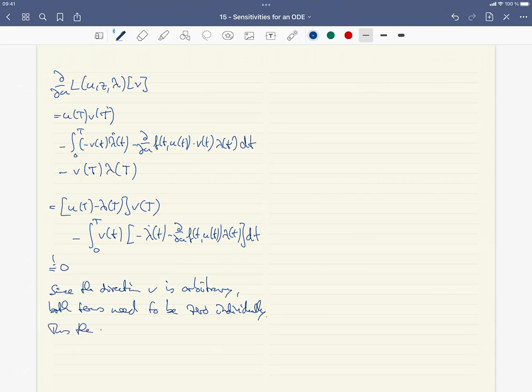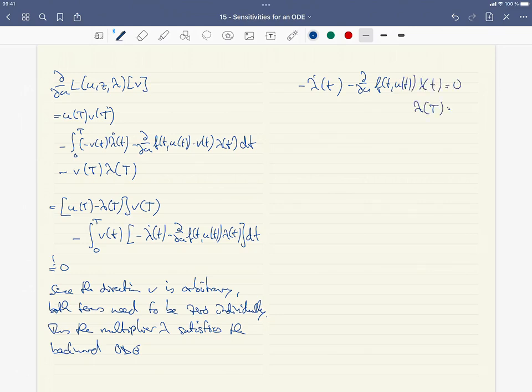So thus the multiplier lambda satisfies the following ordinary differential equation, and I'm writing down the term already, the backward ODE. And why is it called a backward ODE? Because it looks like this: minus lambda dot of t minus d over du f of t, u of t, lambda of t equals 0, and lambda of capital T equals 0. Because of the integration by parts, I get a minus sign on the time derivative, which tells me it's backward in time.